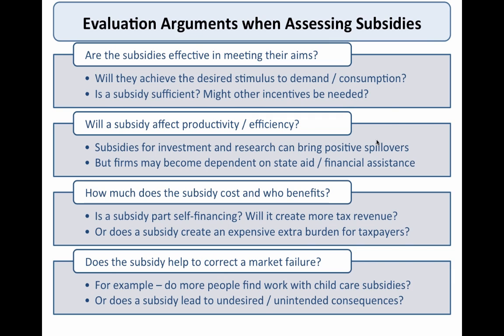Go back to the issue of market failure, because presumably the argument for introducing a subsidy was linked, at least in part, to one or more market failures. So, for example, if you offer a childcare subsidy, does that lead to a better childcare being provided and more of it? But crucially, does that lead to more people finding work?